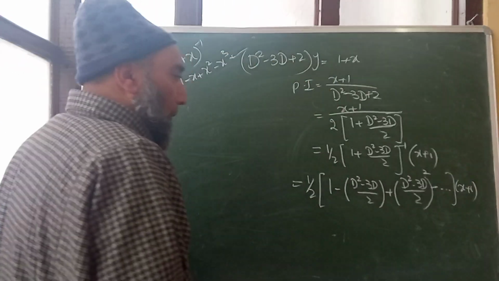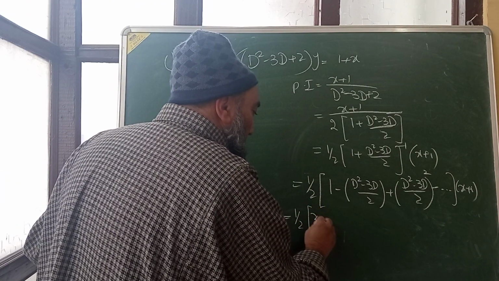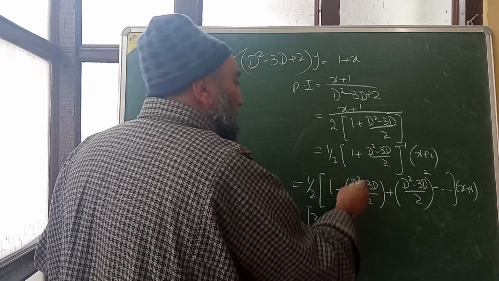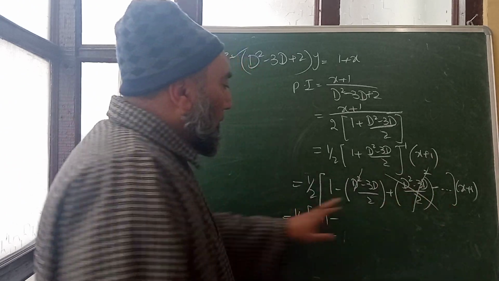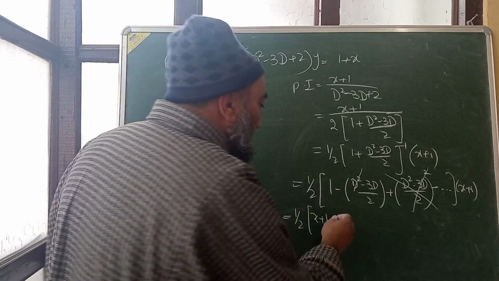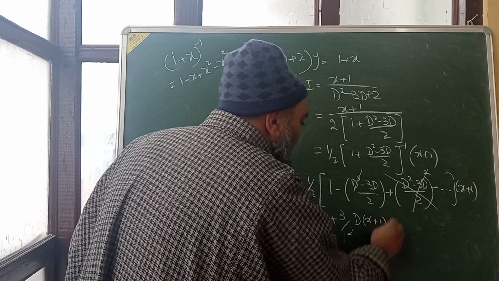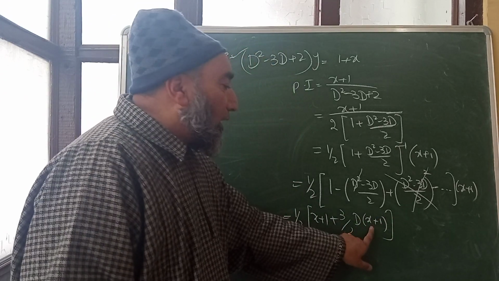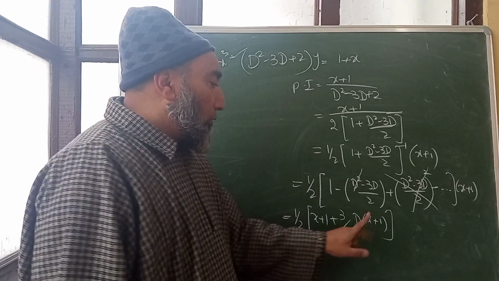So this is 1 by 2, x plus 1, then minus, see, this will not give us anything. I will just get minus minus, plus 3 by 2, differentiation of x plus 1. The rest will be 0 because you can differentiate x plus 1 at maximum one time; the second time it will be 0.